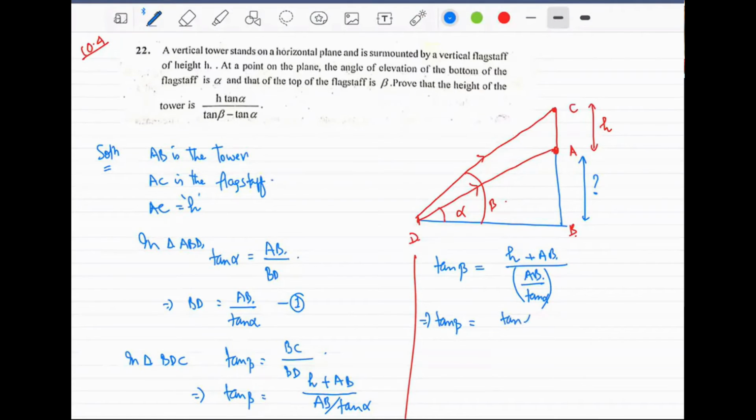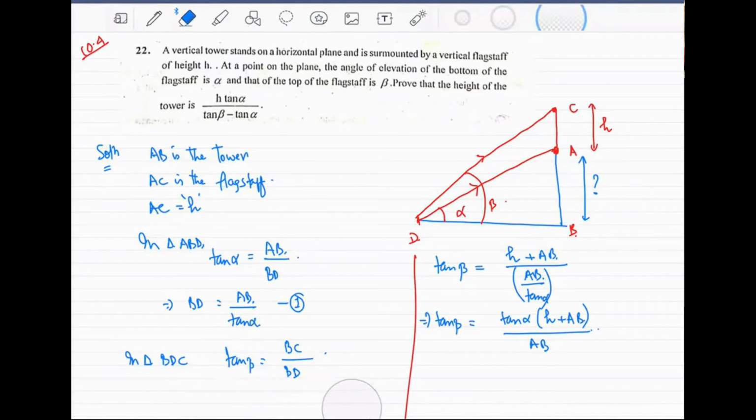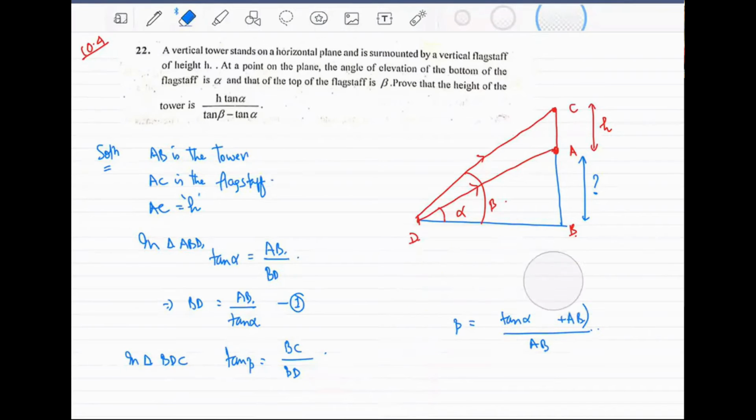So tan alpha will be multiplying the numerator. And what is remaining, if tan alpha goes above, AB is remaining, right? Denominator. We want AB. This has turned out really long. Let's rub it off. Don't want to calculate like this.